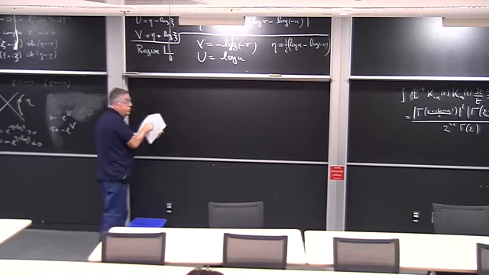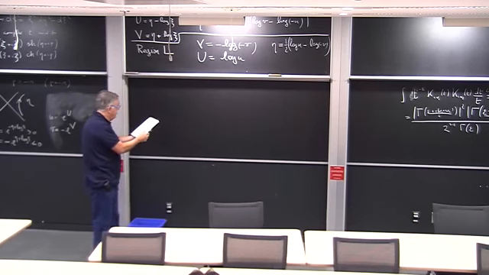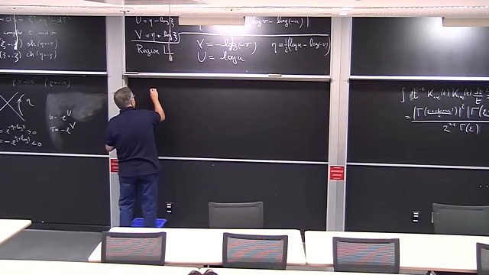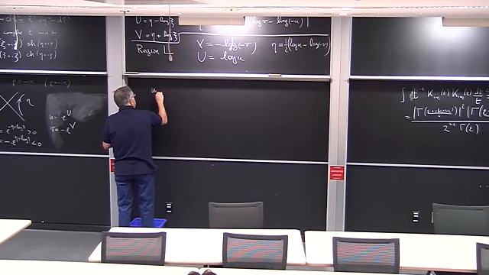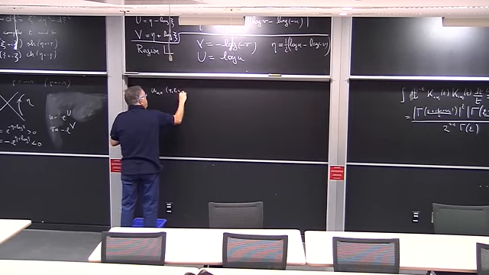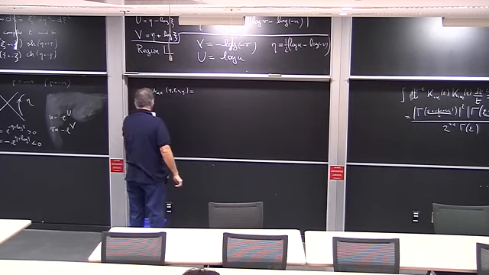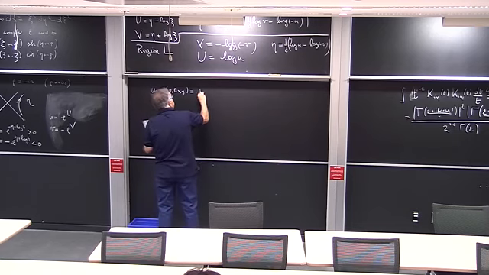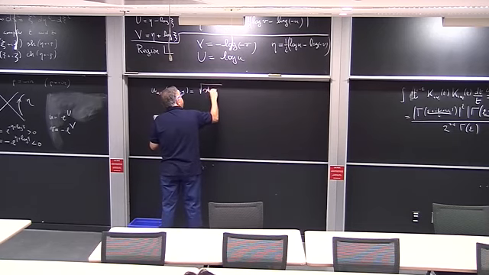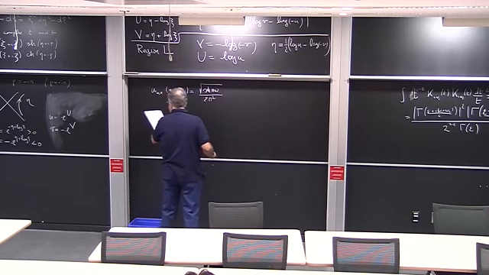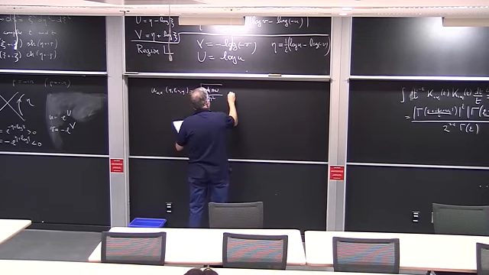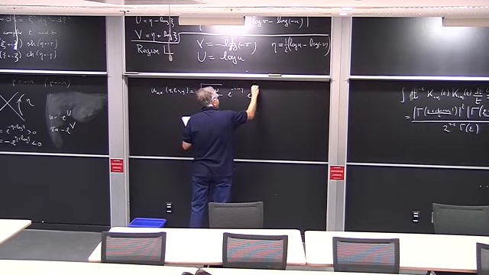The normalization, by the way, is irrelevant for our computation, but let me give you the full answer. u_omega of k, depending on the variables eta, xi, x, and y, is the square root of hyperbolic sine of pi omega over 2 pi squared, e to the minus i omega eta e to the i k x.